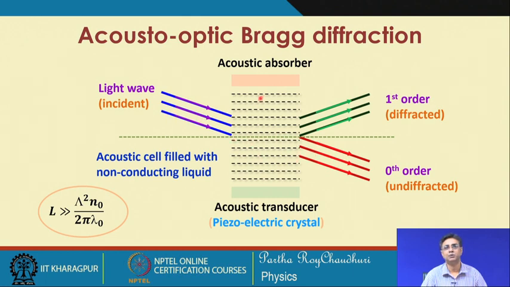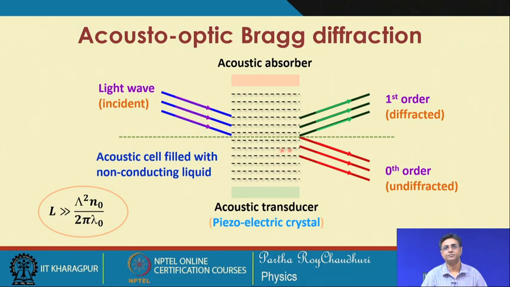Let us suppose there is no periodic perturbation, no grating formation in the medium. In that case, this light will go undeviated, with a small lateral shift because of the width of this.